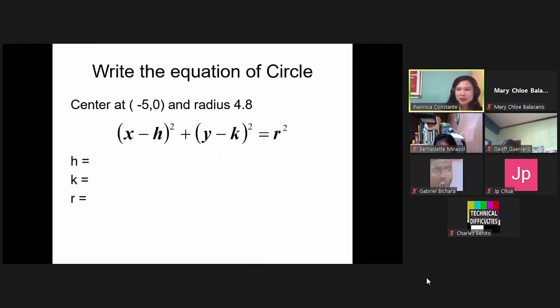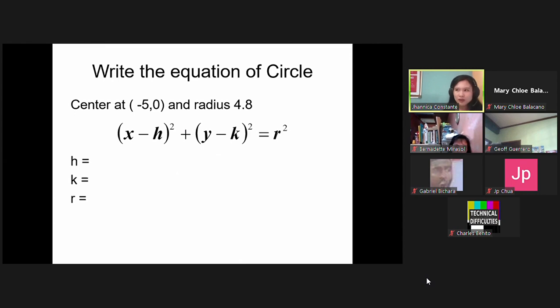For example, we have this center of a circle at the point (-5, 0) and a radius of 4.8. We need to write the equation of the circle given that we have the center and the radius.